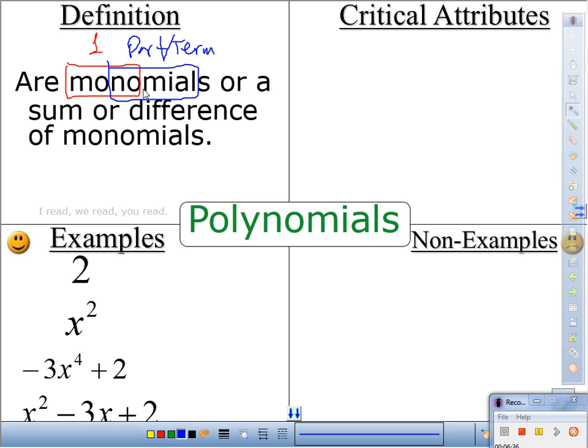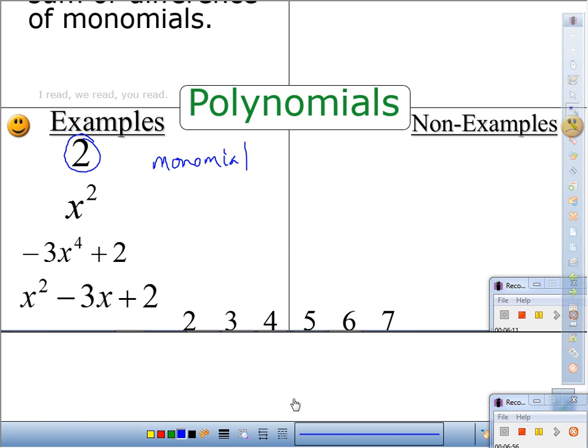So what does the word monomial mean? One part or one term. Does that make sense? Okay, so check this out. By looking at this, this one has one term. That's why it's known as a monomial. One part.